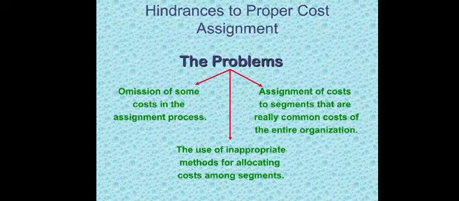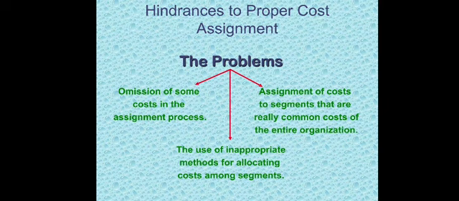Okay, this is explanation about why you cannot allocate or divide the common costs to different segments in a business. I have told you several times in the previous slide, you cannot allocate or divide common costs to different segments. You only can divide or allocate the traceable fixed cost only.